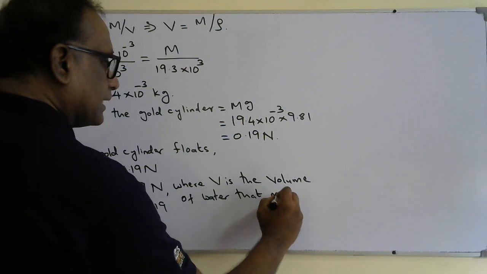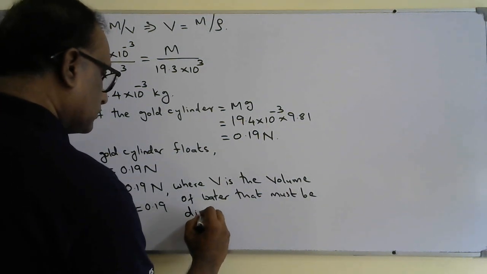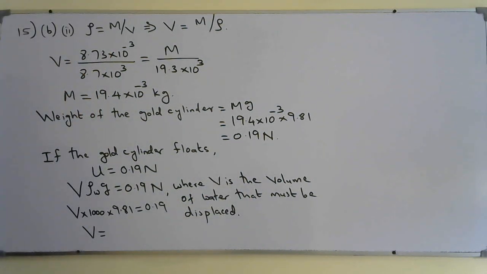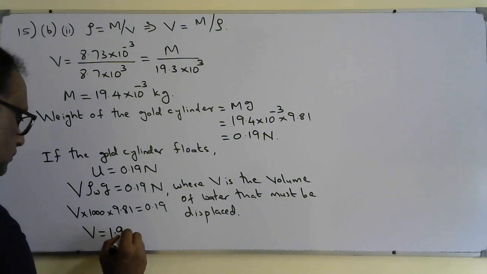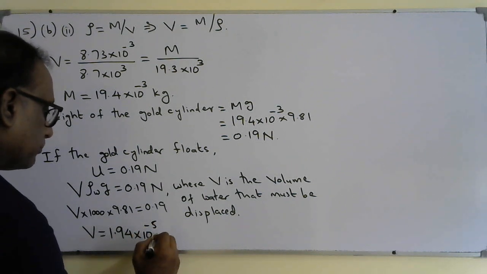So when we find the volume of water that must be displaced, that becomes 1.94 × 10^-5 meter cube.